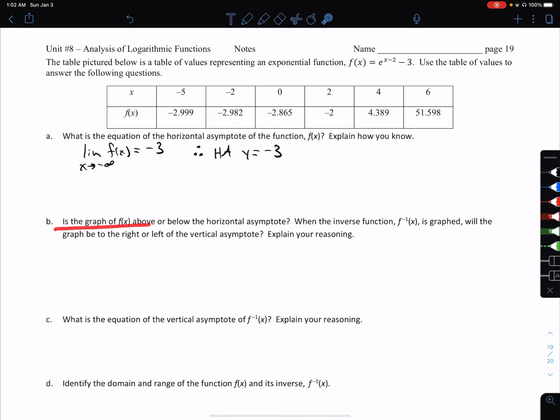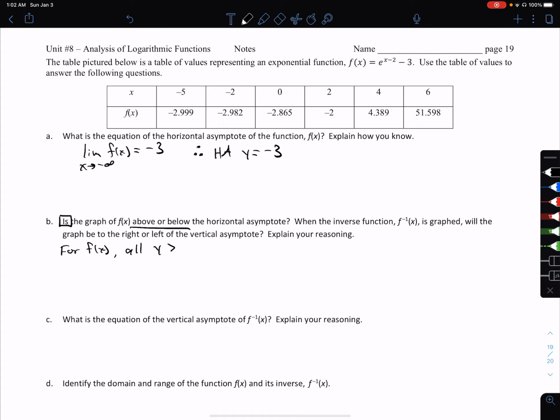Is the graph of f of x above or below the horizontal asymptote? Well, we're saying the horizontal asymptote's at -3, and all of these y values are bigger than that. So let's address this for f of x.